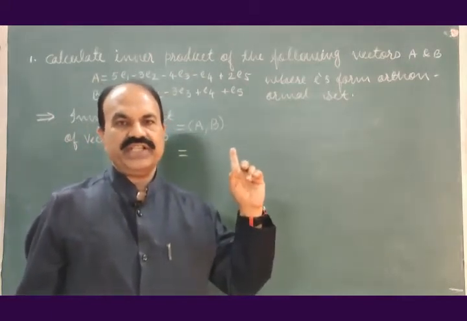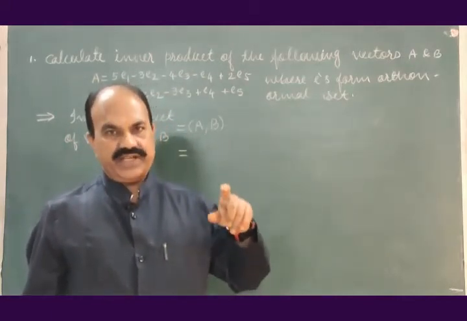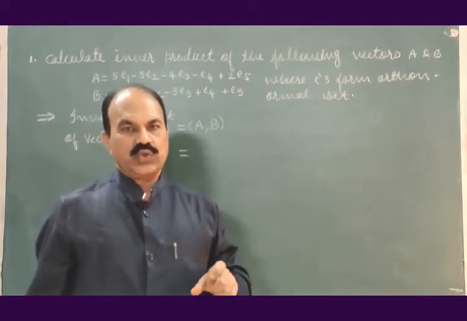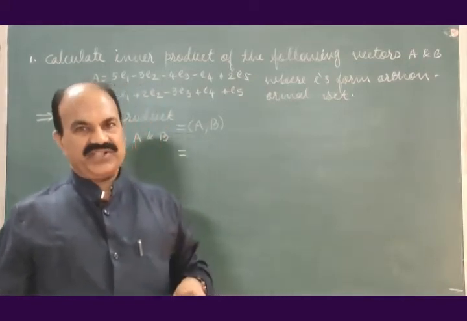E1, E2, E3, etc. in vector A as well as in vector B form an orthonormal set of vectors.